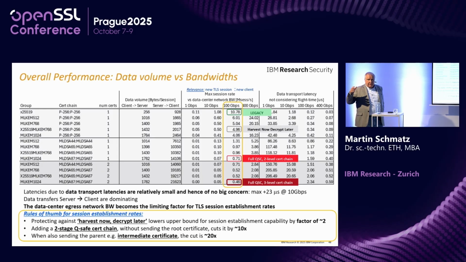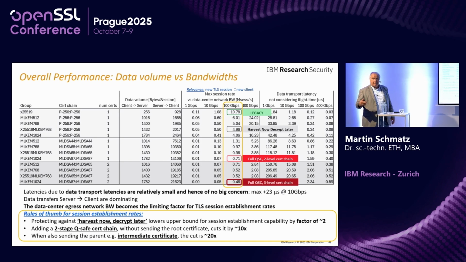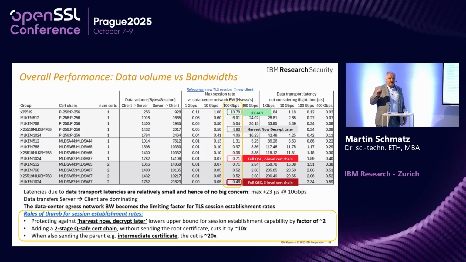So if you look there, if you only do harvest now, decrypt later, so legacy certificates, the network capability of how many new sessions, which could translate to new clients, which is a very important measurement, that already would cut it in half. So that's something that clients need to understand. If they're in a business where many clients just go and establish sessions, but then suck super little data, that's what they will see.